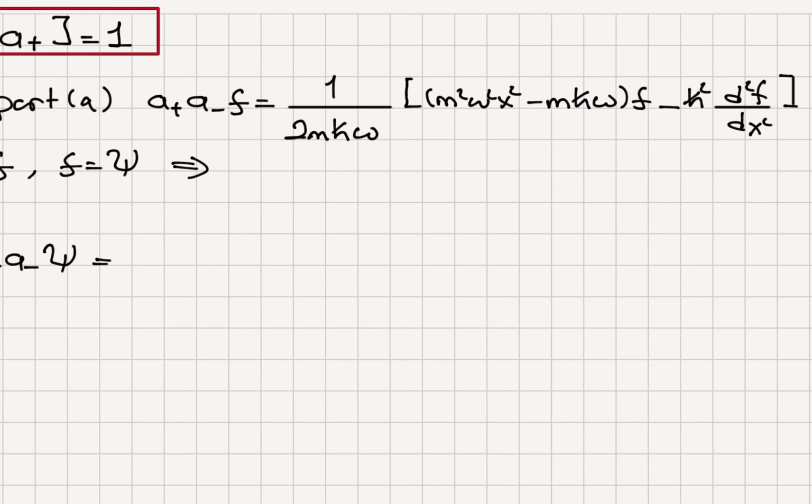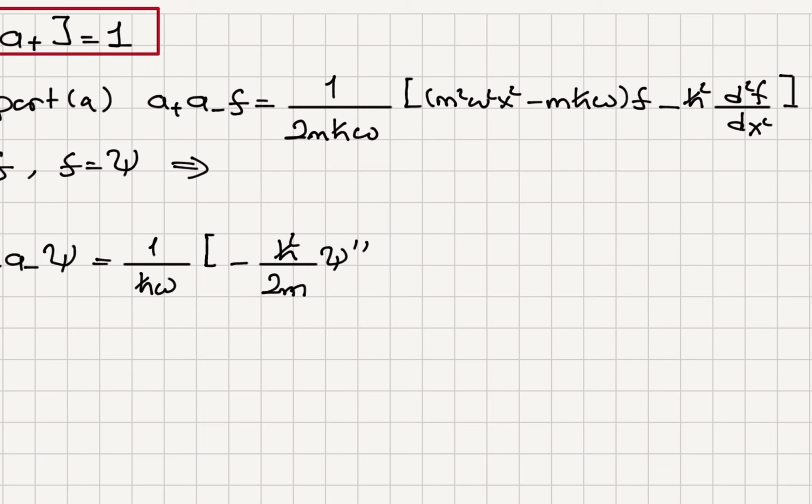So this is going to be equal to 1 over h bar omega, and I take the 2m inside. You can see for this term 1 over h bar omega, 2m goes inside, minus h bar squared over 2m psi double prime, second derivative with respect to x.